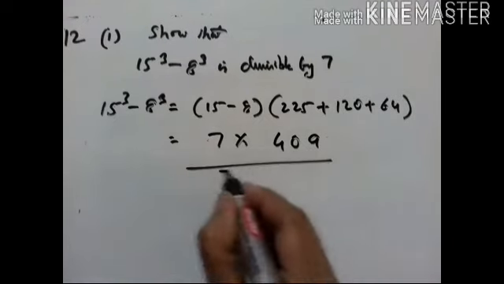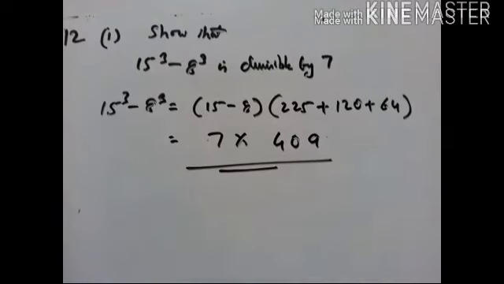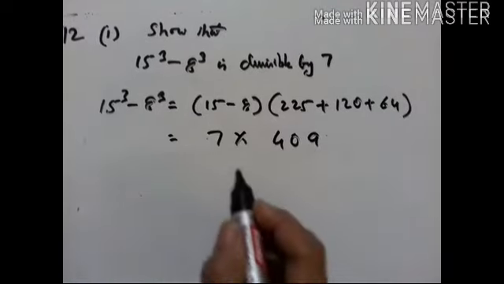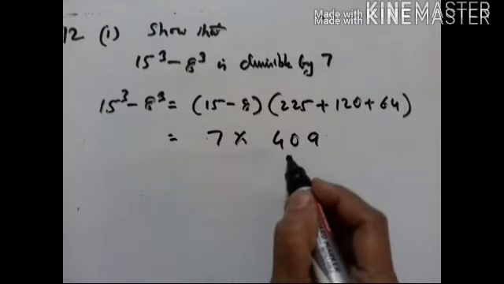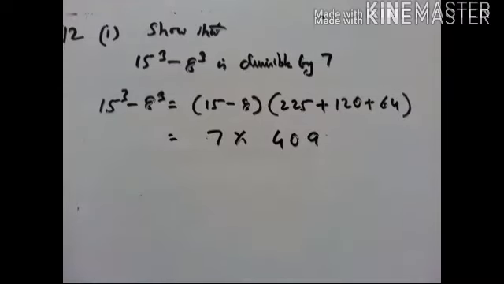So this is divisible by 7. When you divide this by 7, 7 gets cut off. The answer is 409. Therefore, this is divisible by 7.